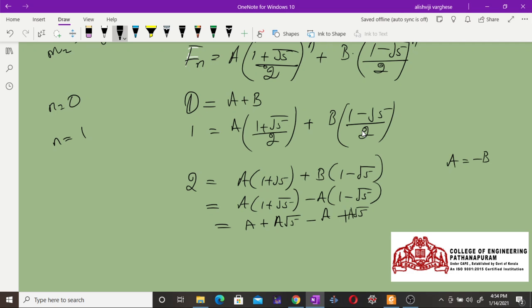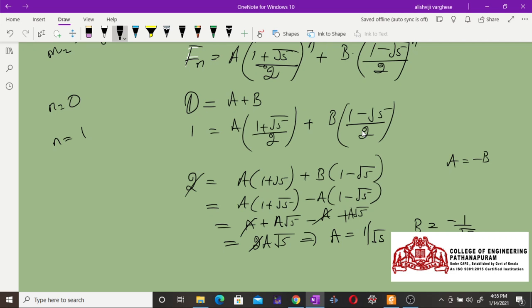The a and a get cancelled, and what remains is 2a into root 5 equal to 2, which means, if you cancel the 2 and 2, a is equal to 1 by root 5, and naturally b is equal to minus 1 by root 5.